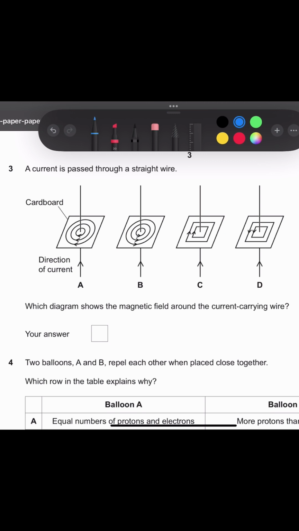So these two are already out of the question, so it's going to be north to south here. Okay, and so that's going to be C.